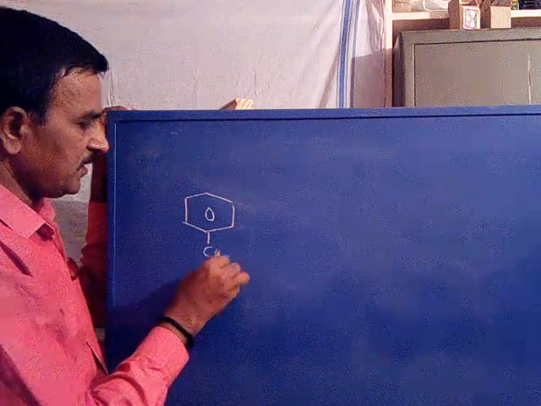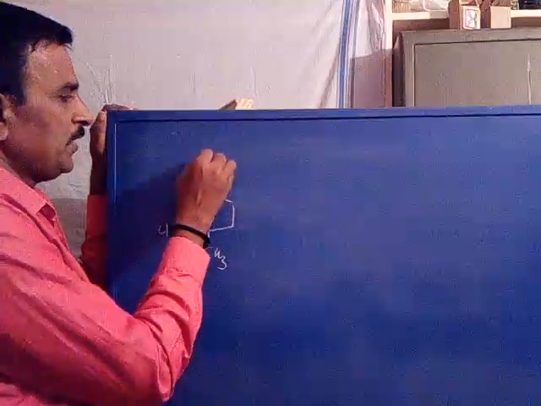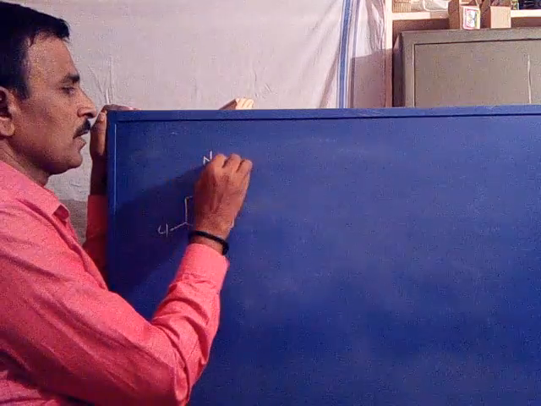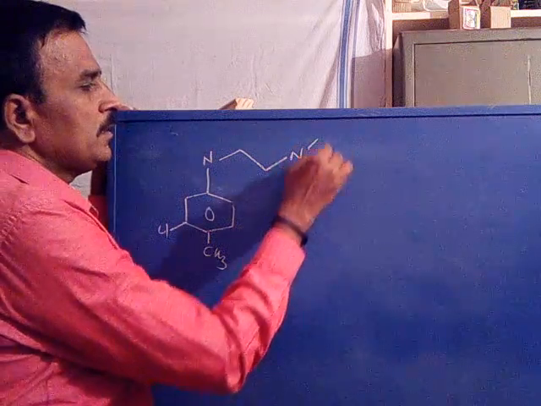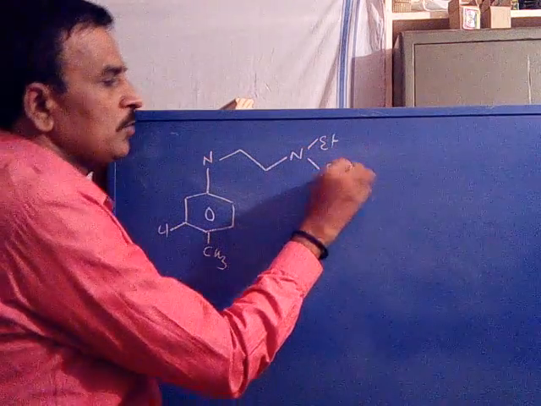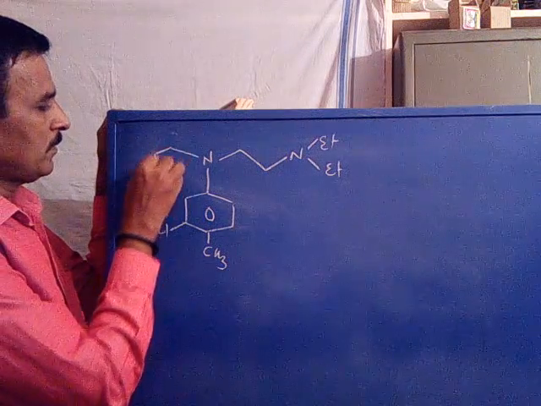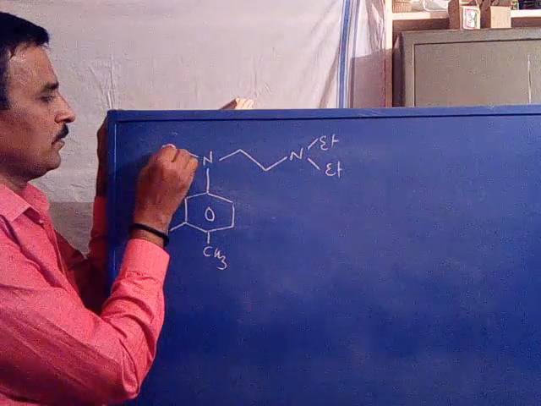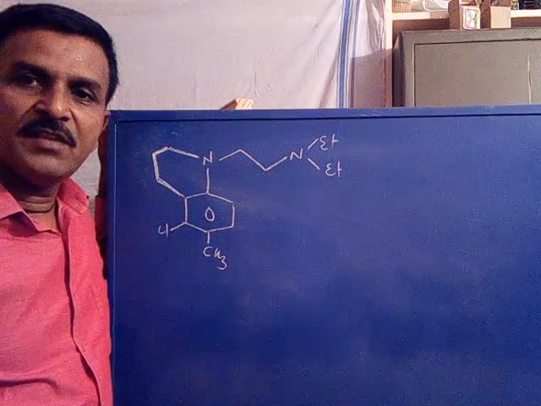Say this is CH3, this is chlorine, nitrogen, N, ethyl group and ethyl group. Now, this is the process of rigidification.